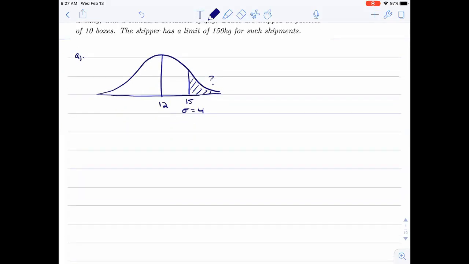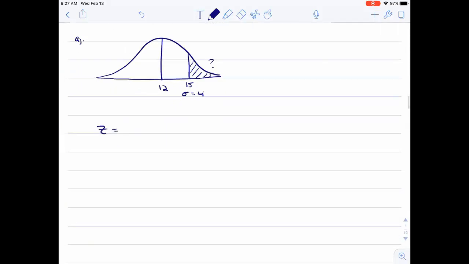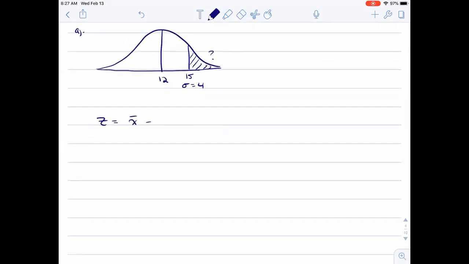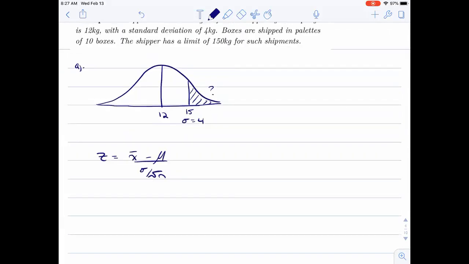So we've got Z is x bar minus mu over sigma over root n. Because we know how to solve these problems, right, from the test, from the assignment, and so we know how to solve these. We need to calculate a z-score, and then we need to use the z-table to find the area to the left, and then we can find the area to the right.